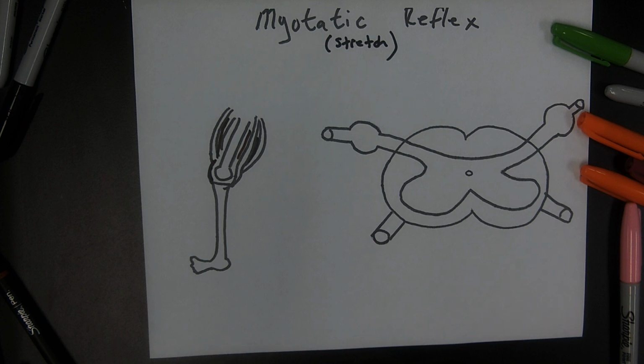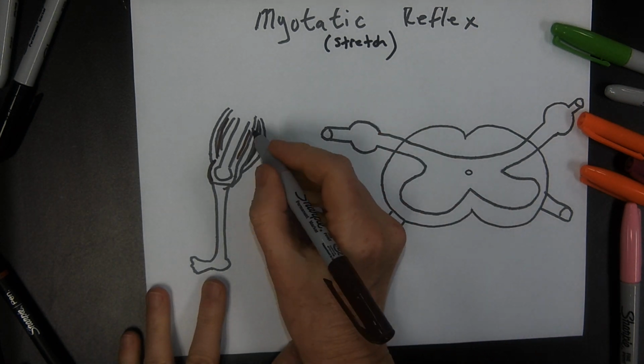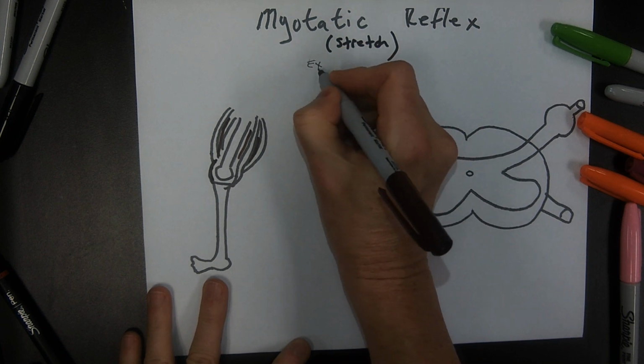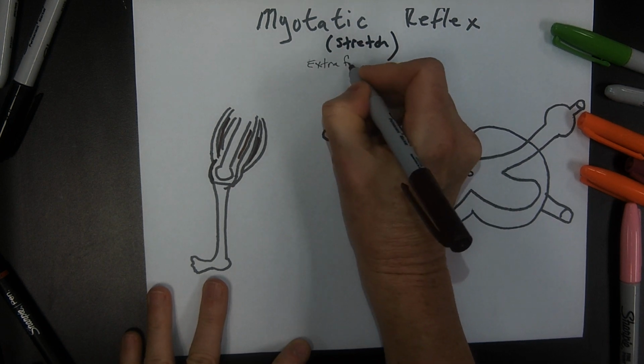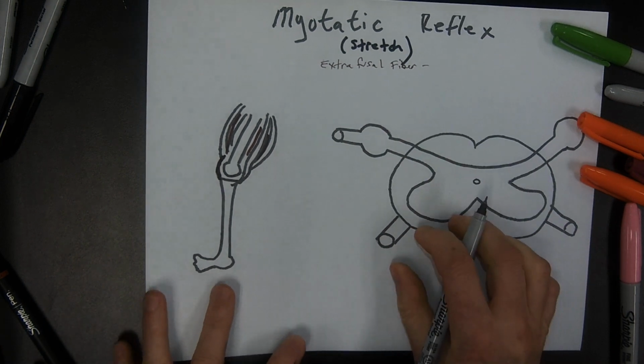So basic muscle is composed of two different kinds of fibers. One fiber is just the basic muscle fiber, and that's known as an extrafusal fiber.